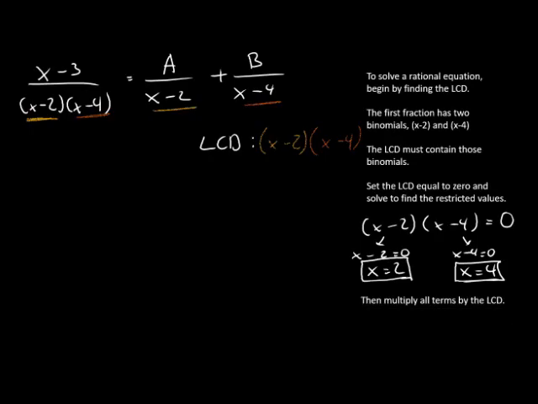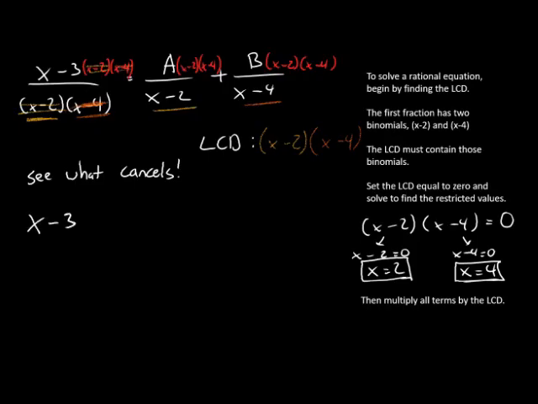So our first fraction will get an x minus 2, x minus 4 in the numerator. We'll do the same with all of the other fractions. Now we'll see what cancels. In the first fraction, we have an x minus 2 on the top and the bottom, and an x minus 4 also on the top and the bottom, meaning the only thing left of the first fraction is x minus 3.